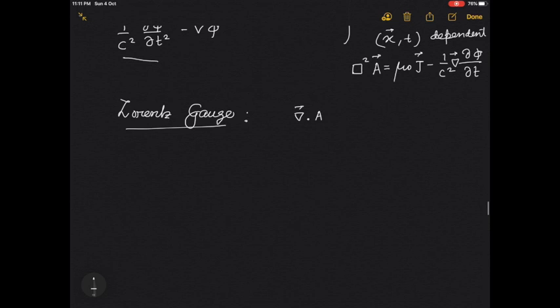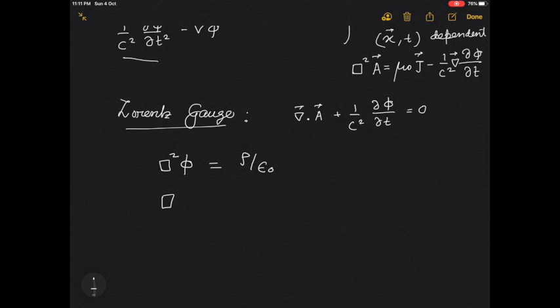So divergence of A plus 1 by c square del phi del t is chosen to be 0. And immediately you see that the equations now become of exactly the same form. So grad square phi is rho by epsilon naught and grad square A equals mu 0 j.